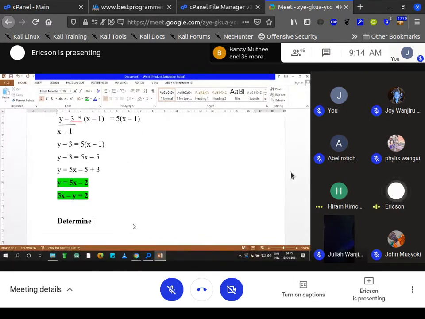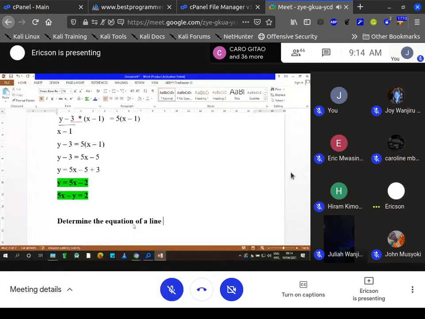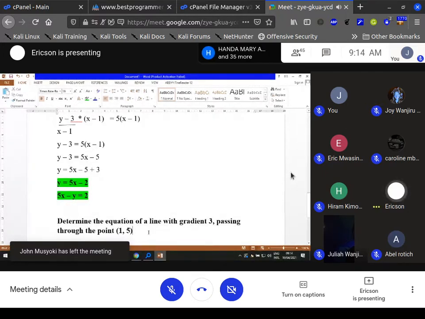To determine the equation of a line with gradient 3 passing through the point 1, 5.